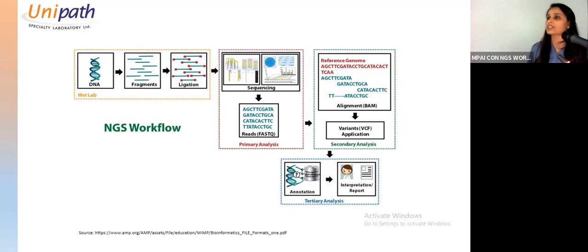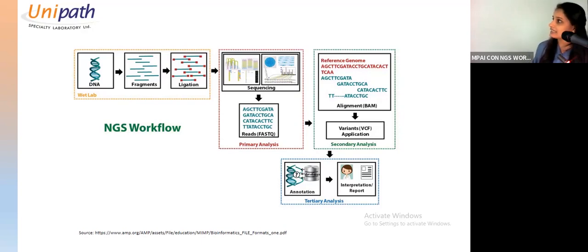Now, this FASTQ format, up to this stage, is known as primary analysis. But from the sequencer, you don't get FASTQ format directly. In the sequencer, you get it in the form of a BCL file, which you need to convert into FASTQ format. That one step consists of the primary analysis, followed by filtration of the data to remove adapter sequences and low quality sequences.